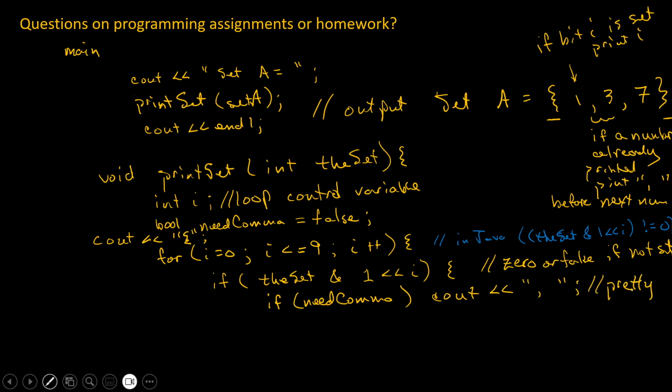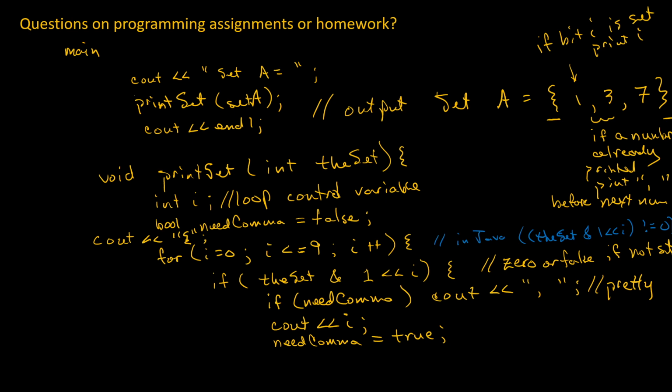The only other thing I would do is a cout of I, because if the bit is set, that means that number is in my set. And then I would need to set need comma equal true.